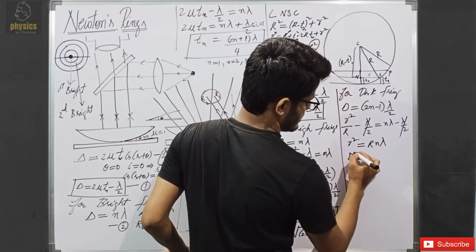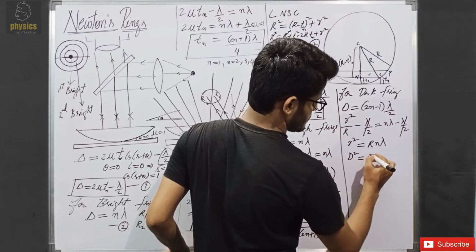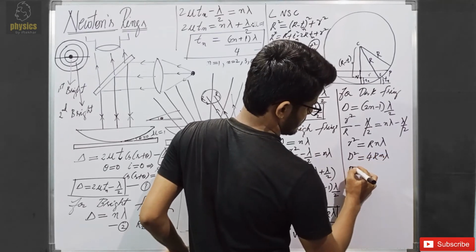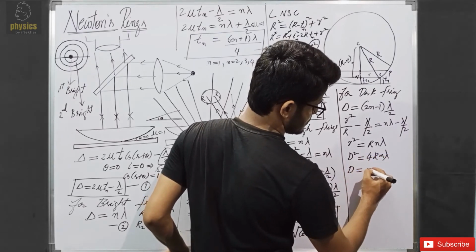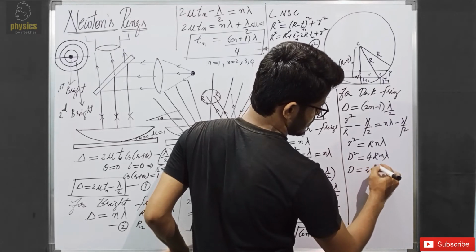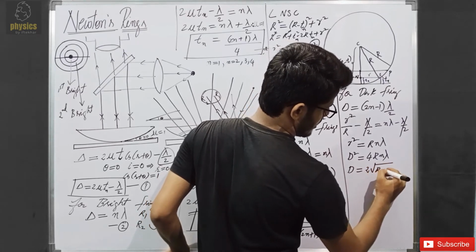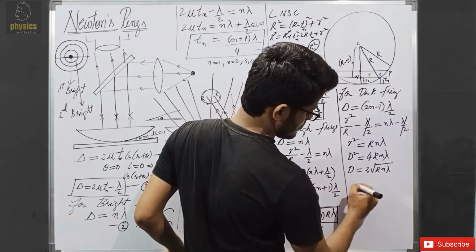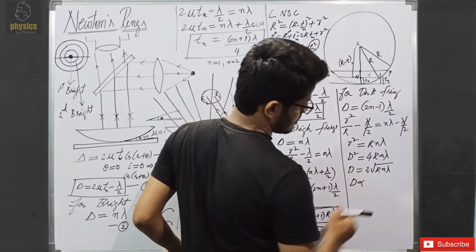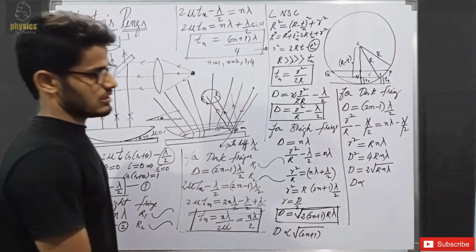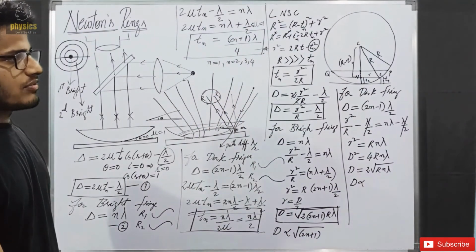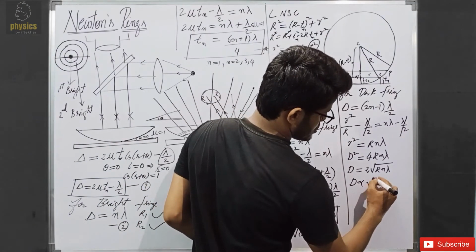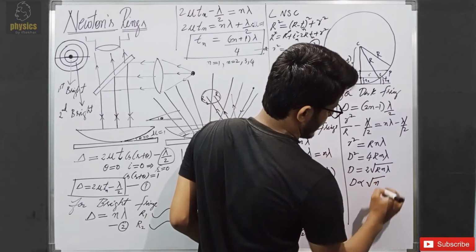The diameter d square is equal to 4 R n lambda, so d is equal to 2 under root R n lambda. So the relation of diameter with the order of the dark fringe is d is directly proportional to under root n.